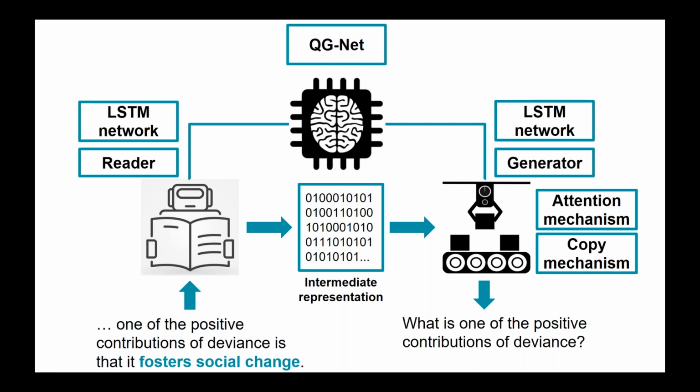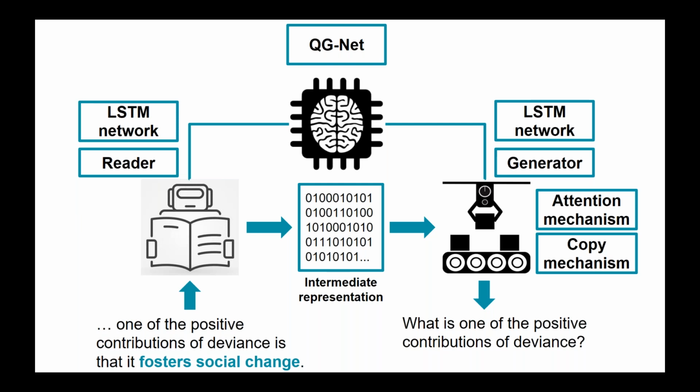Okay. The copy mechanism is even more important here because, as the name suggests, it has the ability to directly copy words from the input to the output. This is very important because we want the question to be relevant. Remember, one of the evaluation criteria is that we want the question to be relevant. And one way you can do this is that you probably want some of the words in your input to appear in the question.